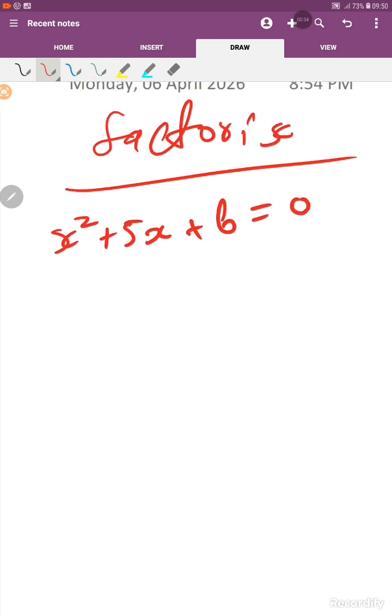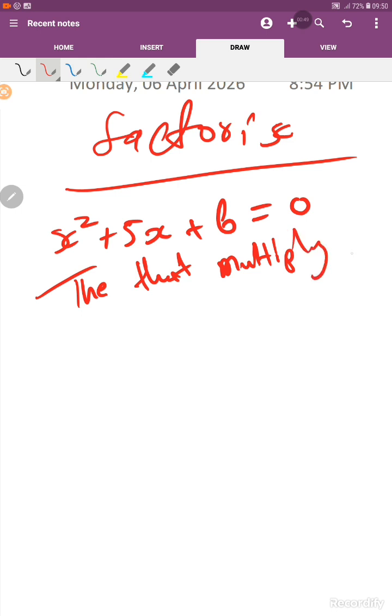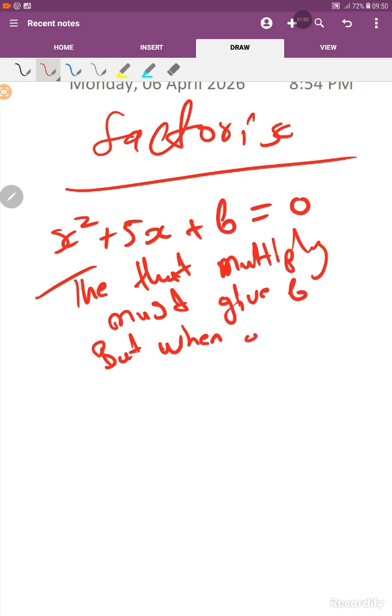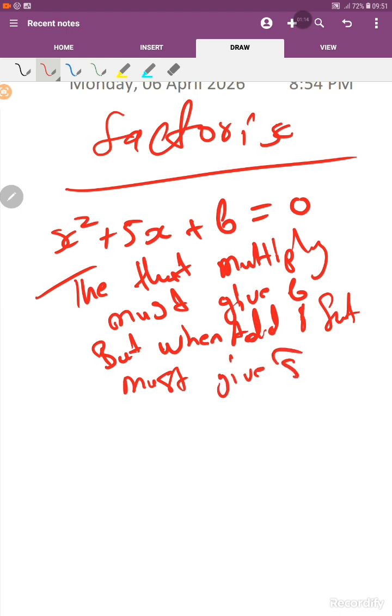We're going to say that the number that you multiply must give you 6, but when you add or subtract, must give you 5, right?